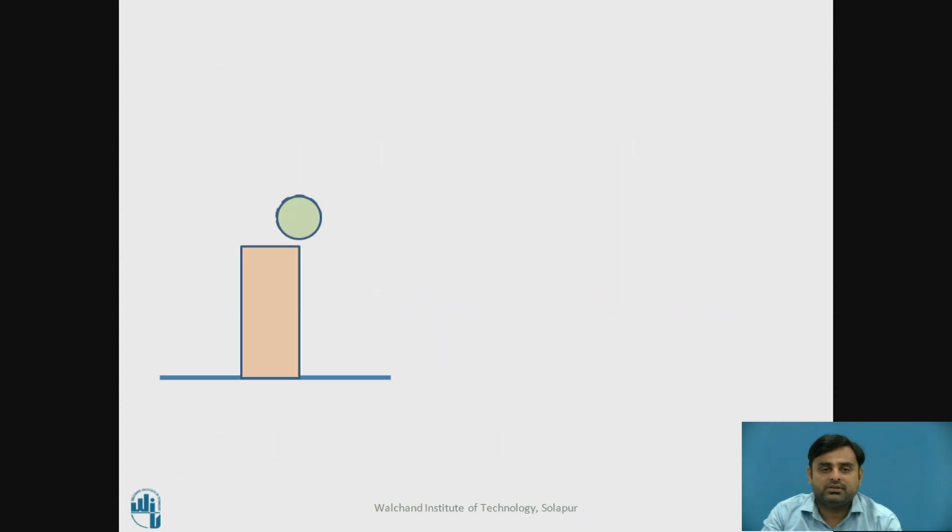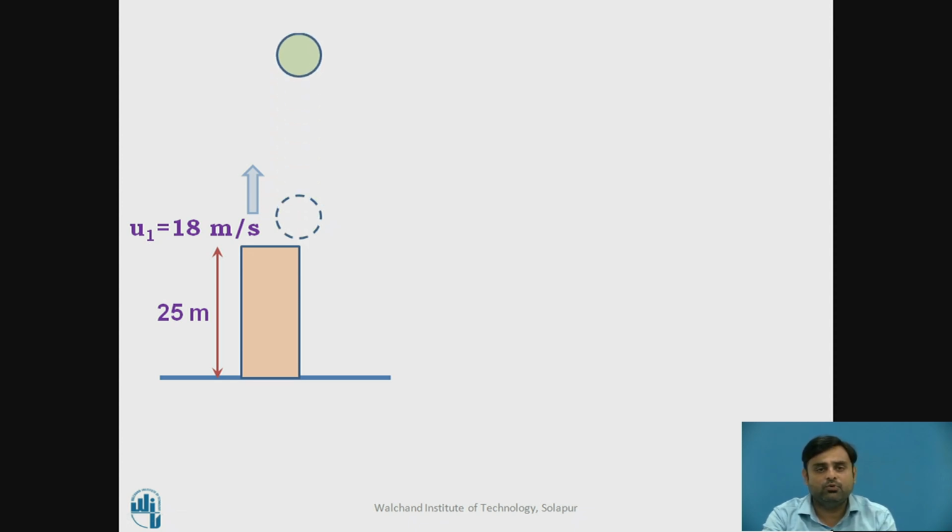So this is the building and this is the sphere. The height of the building is 25 meter and the sphere is thrown with an initial velocity of 18 meter per second, vertically upwards, as given in the problem. Let us call the initial velocity u1. Once it is thrown, it will start moving upward, and when it reaches the maximum height its final velocity will become 0.